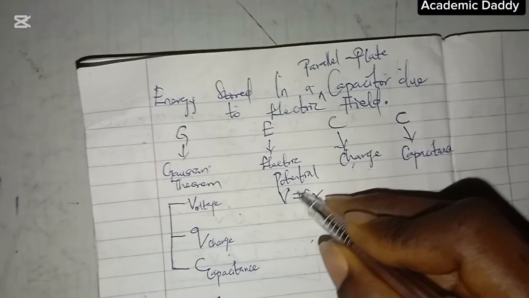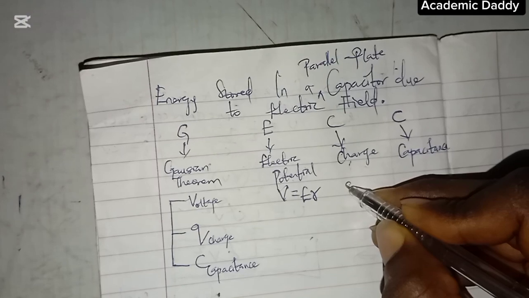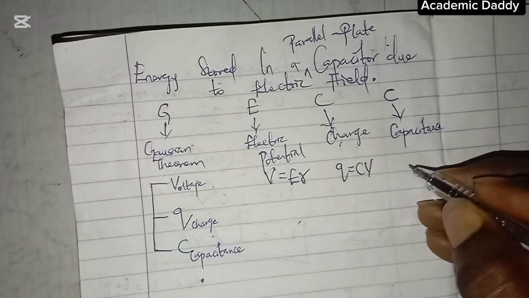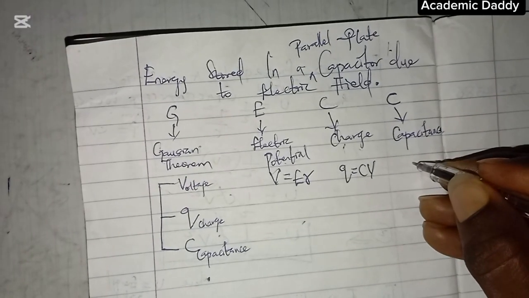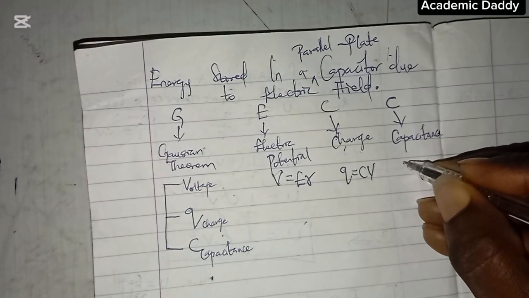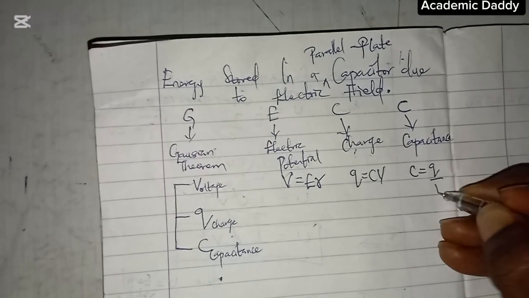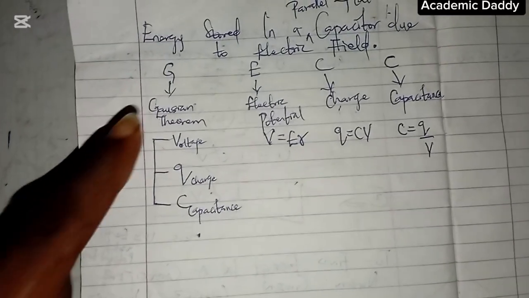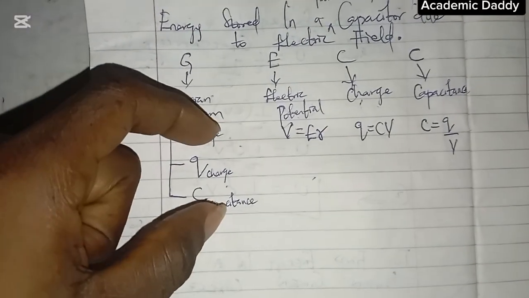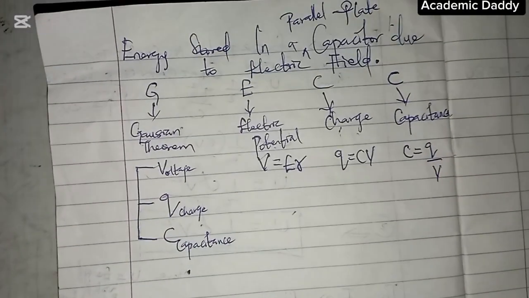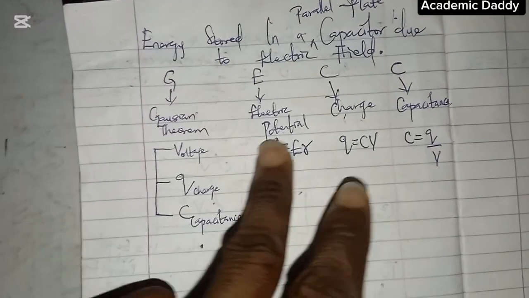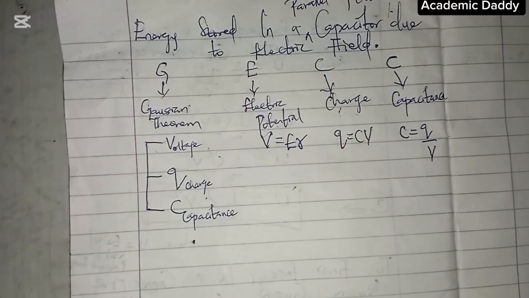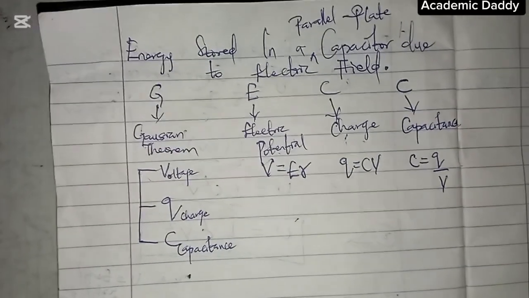The relationship between charge and voltage is Q equals C V. Capacitance is related to them by C equals Q over V. Because once you're talking about capacitors, these key things, electric potential, voltage, charge, and capacitance, play a lot of role. But whenever I want to find electric field, I talk about Gaussian theorem.